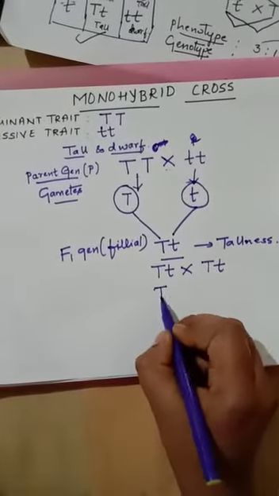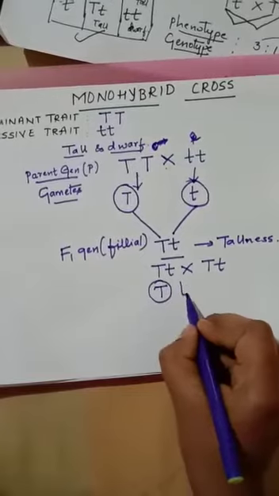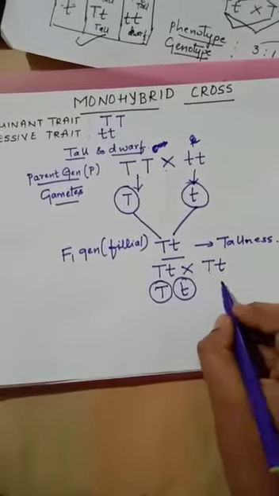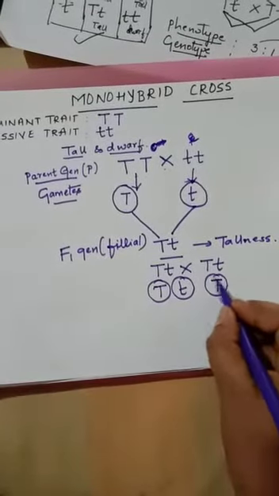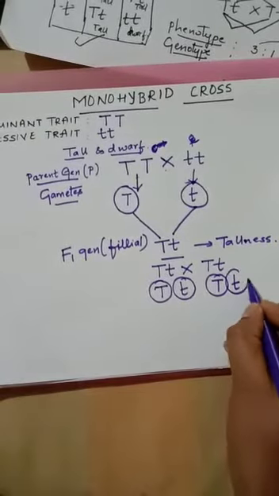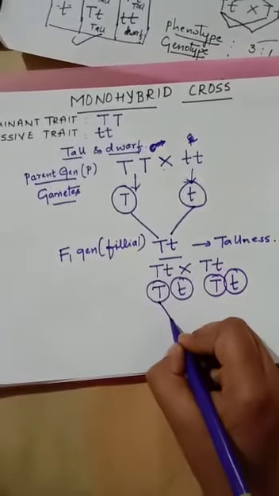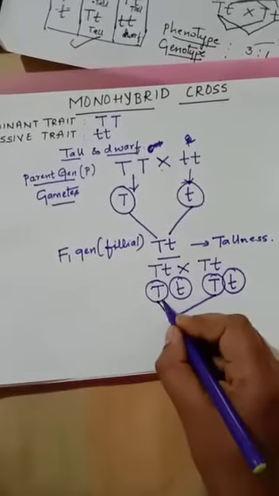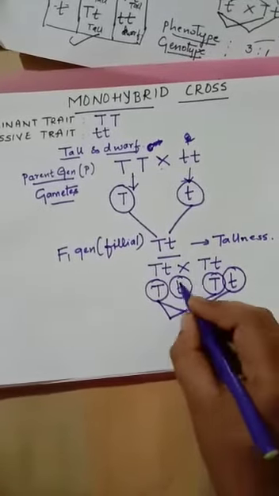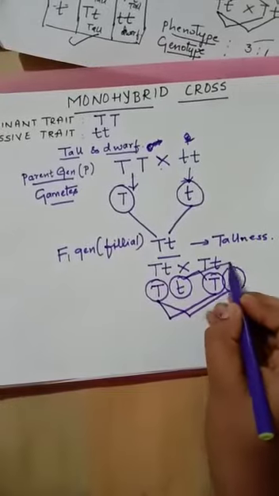One is capital T and another one is capital T and small t. Now we shall have a cross. This will bind with this, and this with this, again this with this, and this with this.